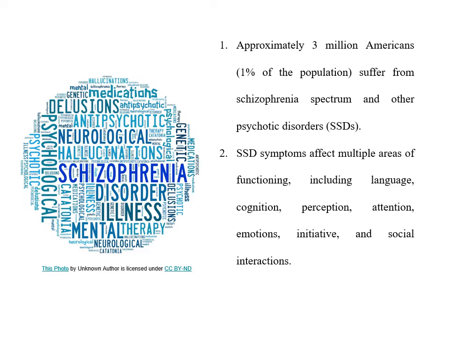It causes impairments in speaking and perception, attention, emotion, social skills, cognition, pretty much everything that makes you a human being. Schizophrenia puts you out of whack there, and a lot of it is neurological. We'll talk about that here in just a minute.